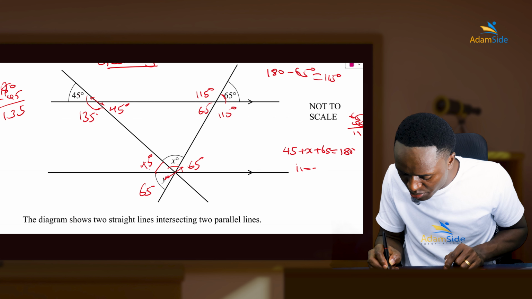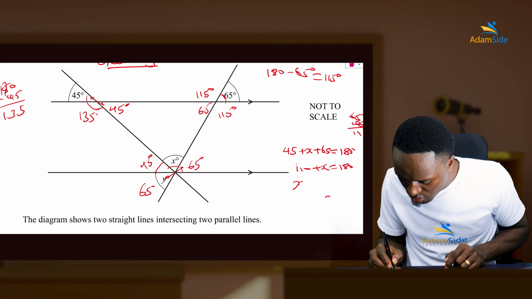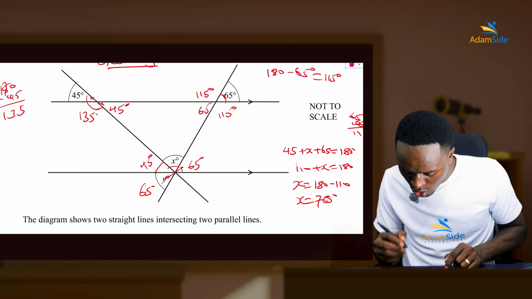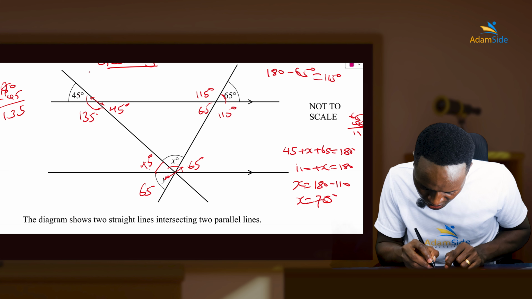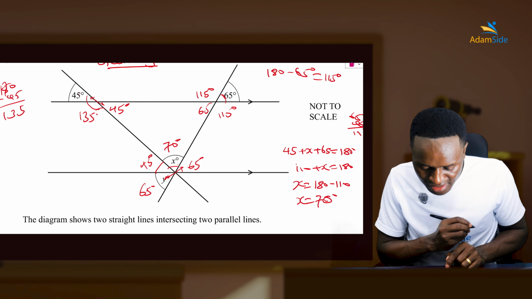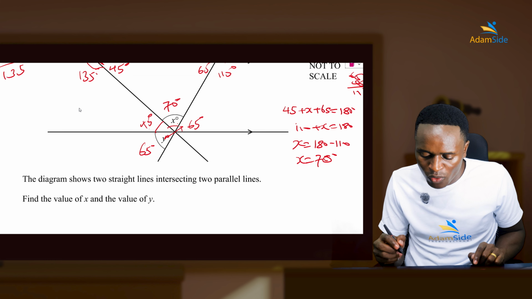So 110 plus X is equal to 180. So X is 180 minus 110. Therefore, X is equal to 70 degrees. Correct. With the 65 plus 45, still it's 110, so they all make sense. 70 degrees. Now we go to the question.